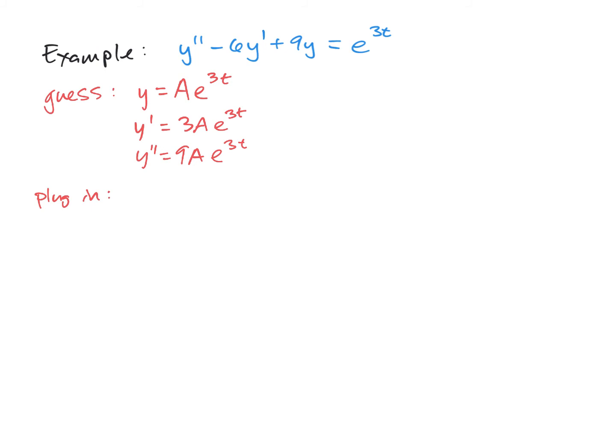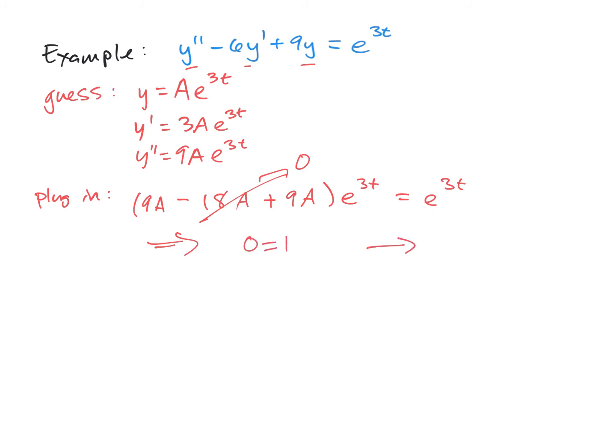And we get 9a minus 18a plus 9a, all times e to the 3t, because all of these terms have an e to the 3t in them, and that equals e to the 3t. But here's a problem. That cancels. So this gives us that 0 equals 1, which is a contradiction, obviously. So what went wrong?